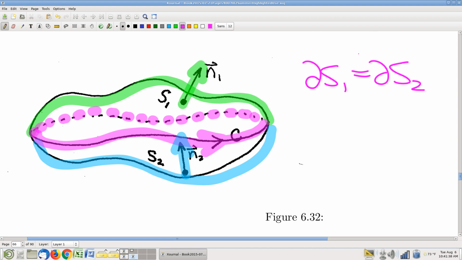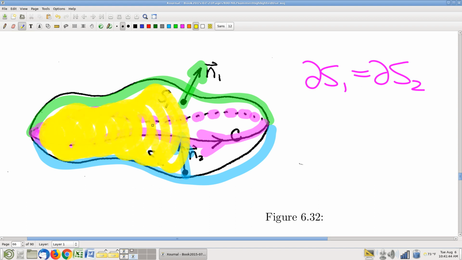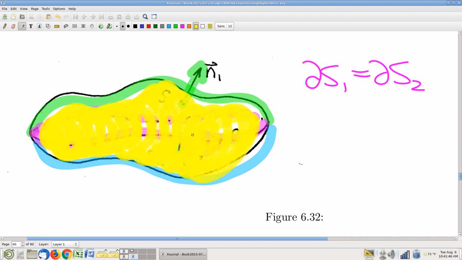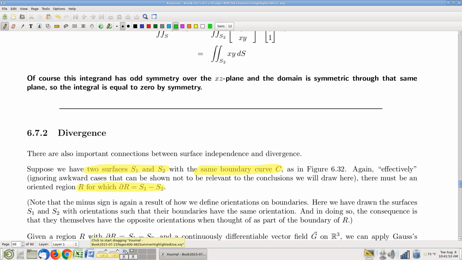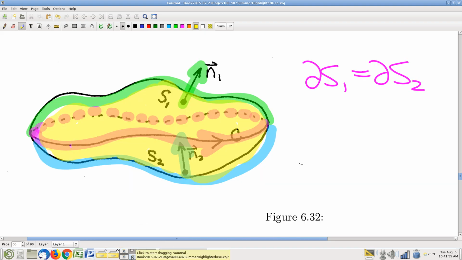But now, how are these the boundary of the solid on the inside? Let's look at this great big solid on the inside here, and we called it R.